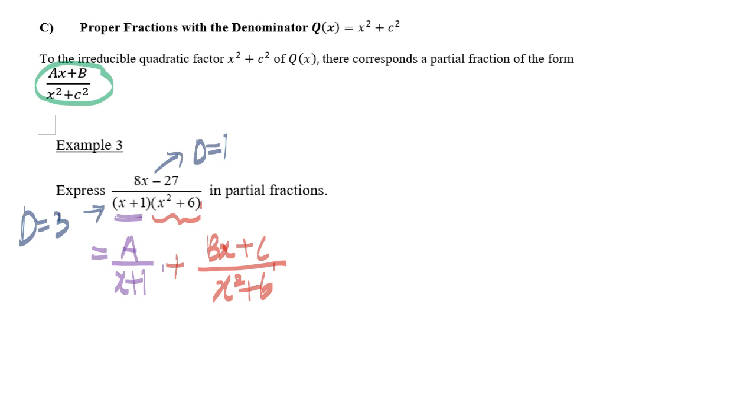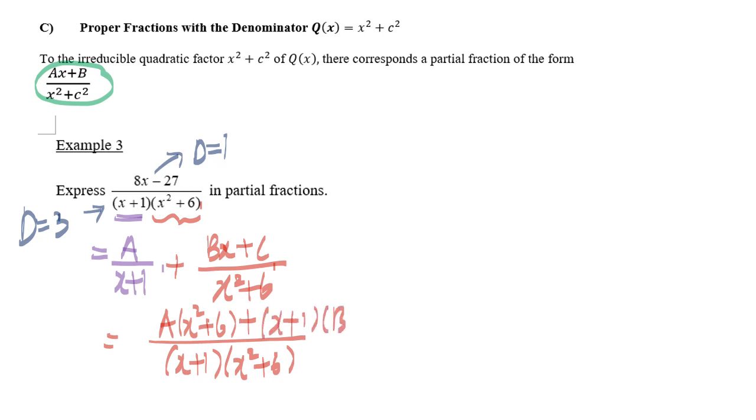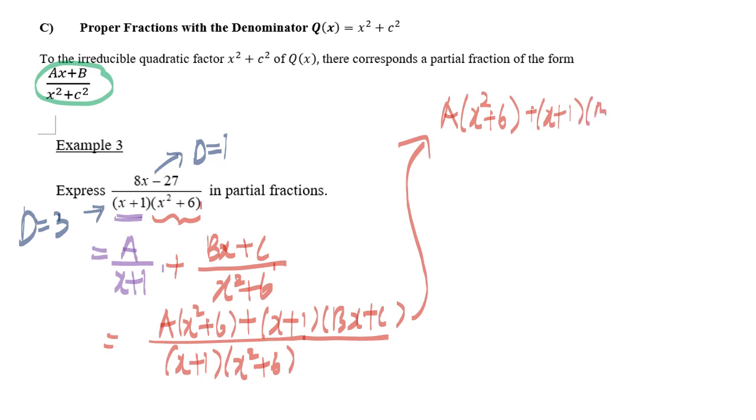Alright, so the next step is that we'll combine them into one single fraction. And then we will compare our numerator with the numerator of our algebraic fraction, which is 8x minus 27.